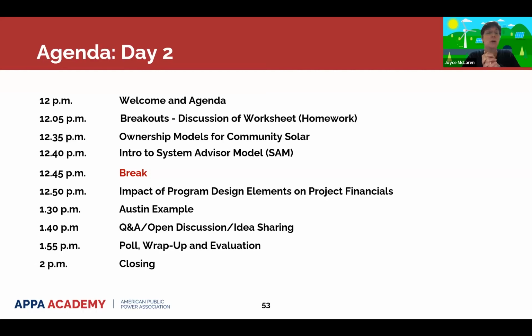At the top of everyone's mind is how do we make one of these projects pencil out, both from the utility's perspective and from the subscribers' perspective. That's what we'll focus on today, with an emphasis on each design element that we talked about yesterday, things like anchor tenants and customer classes, and how those play with the financials of the project.